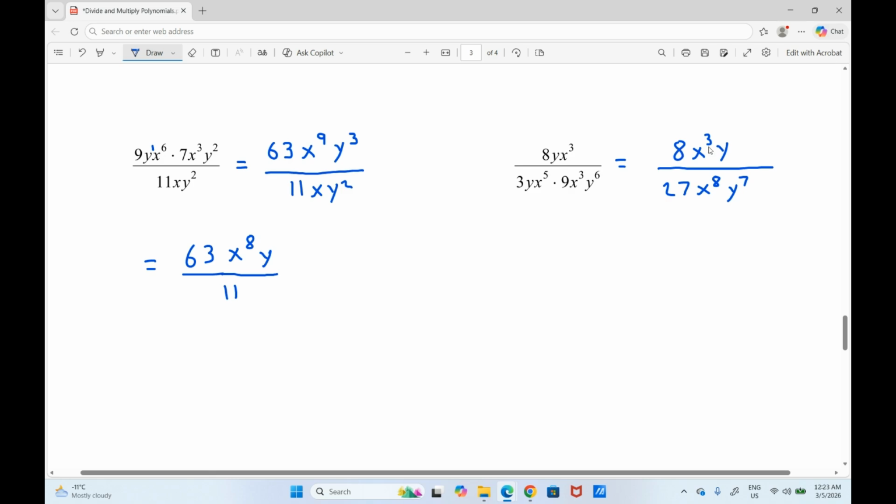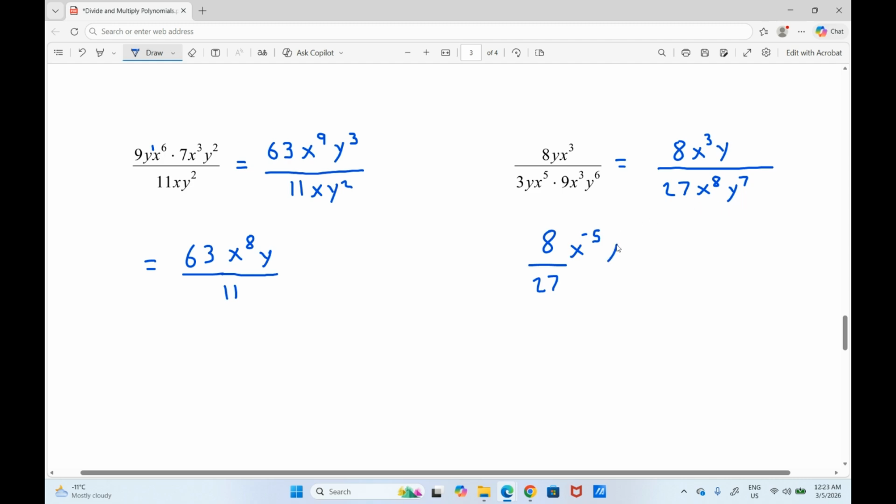So I'm going to look towards the x's now. X are same basis, so x to the exponent of 3 divided by x to the exponent of 8 would be x to the exponent of 3 minus 8. So that would be x to the exponent of negative 5. Y to the exponent of 1 divided by y to the exponent of 7 would be y to the exponent of 1 minus 7.